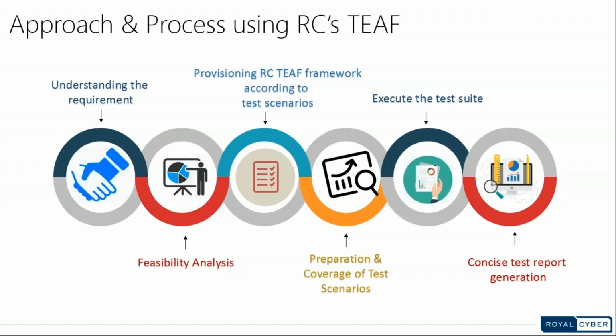We can also provide training to the existing team on how to automate with TIF, and then hand over the entire process, which we've done in the past as well. Then teams can start executing these tests, reap the benefits, see how it goes, and the automation framework starts generating reports, and the teams start using it on a long-term basis.